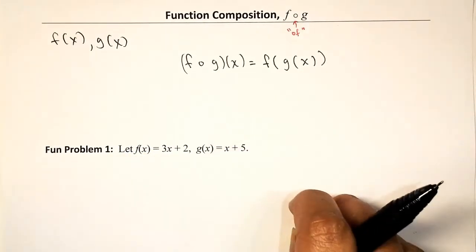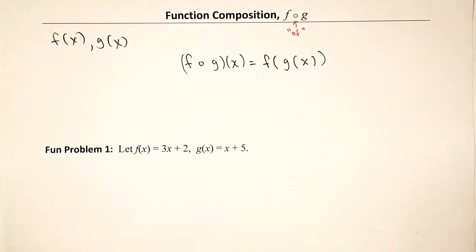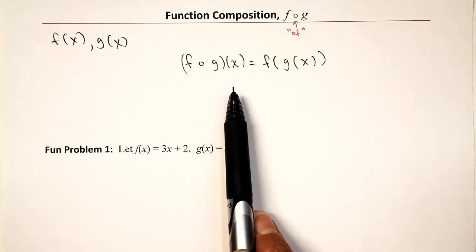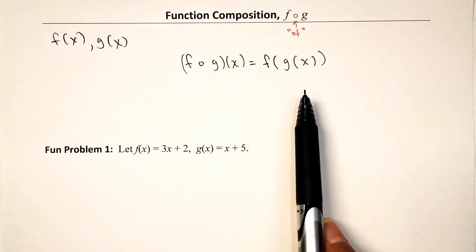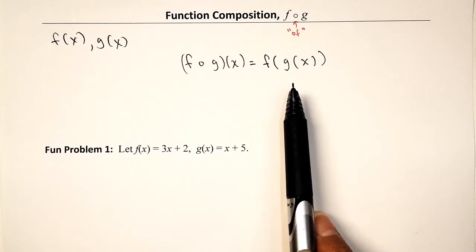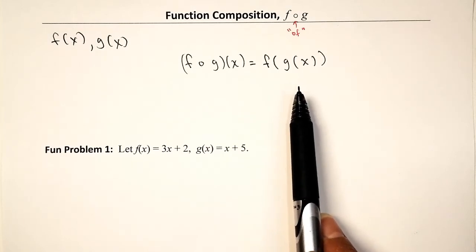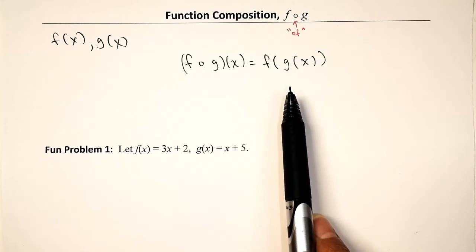If someone says, hey, quick, find f compose g, well, yeah, that's the right way of saying it, but you don't hear that too often. If someone says, quick, find the composite function, find f of g of x. Both of these statements are said the exact same way, but I like seeing it in the second format because it gives me a sense of how I am going to do that.